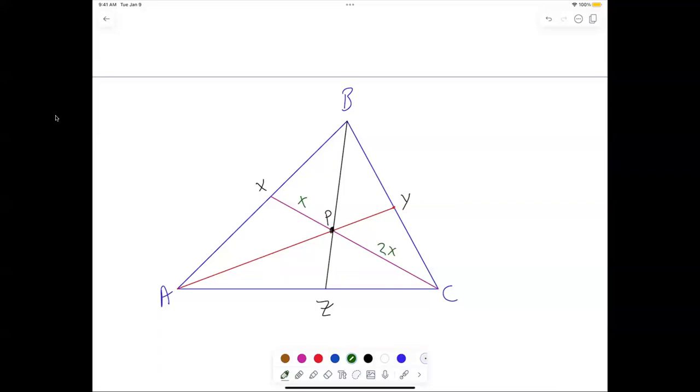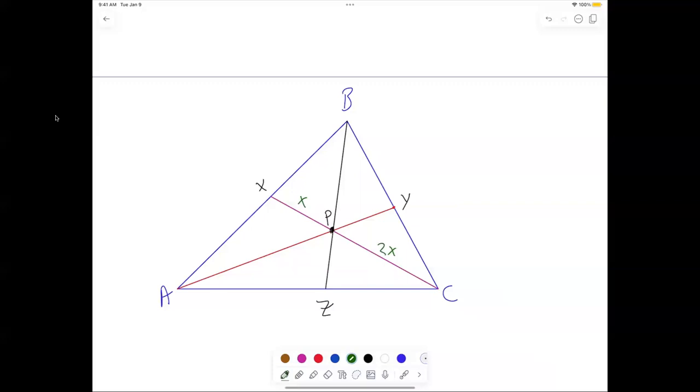And then XC would be called what? 3X. That's exactly right. Now, there's no relationship between XC, PZ, and AY. They're not equal. They're not in some ratio. There's nothing really fancy about it, except that those lines are cut into that ratio, X and 2X.